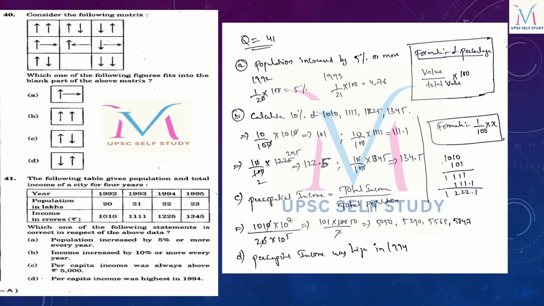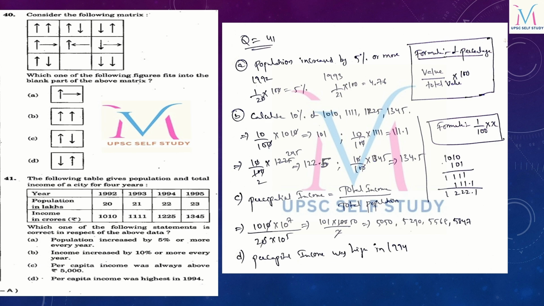Now again the same thing, find out the 10% of income of 1111. Again the same formula, 10 by 100 into 1111, and we get a decimal value, 111.1.